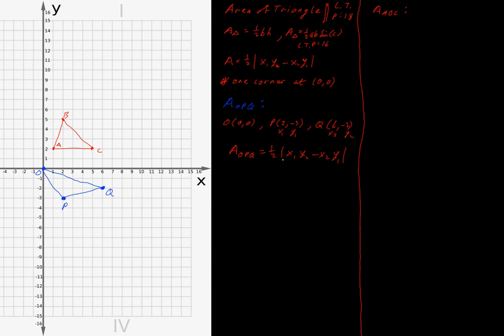Now I've written down my points, I've written down my formula, I'm in a position to sub in. So I have a half of x1 is 2, y2 is minus 2, everything in brackets because we are multiplying terms together. x2 is 6, and y1 is minus 3.